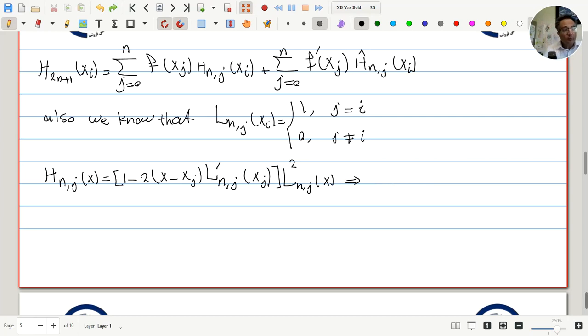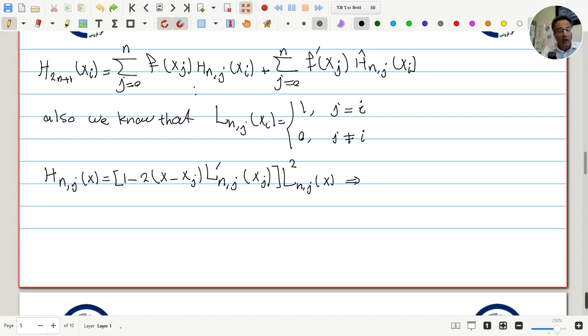Now, if you put this h_{n,j} here in the sum for j equal to 0 to n, we know that if j is equal to i, this value will be h_{n,i}(x_i), and in other cases h_{n,j} at every other point i will be 0 because of this one.